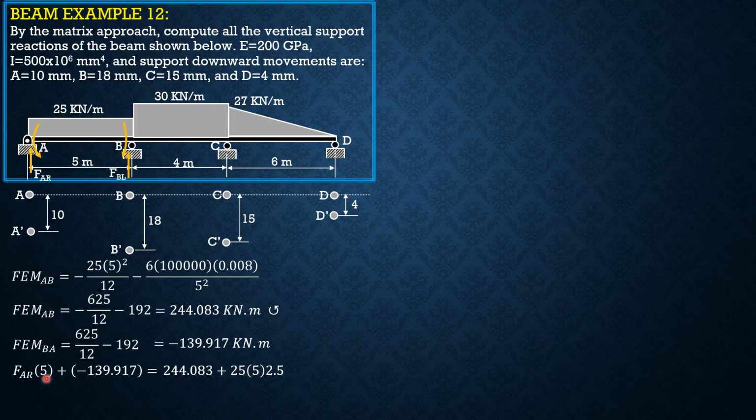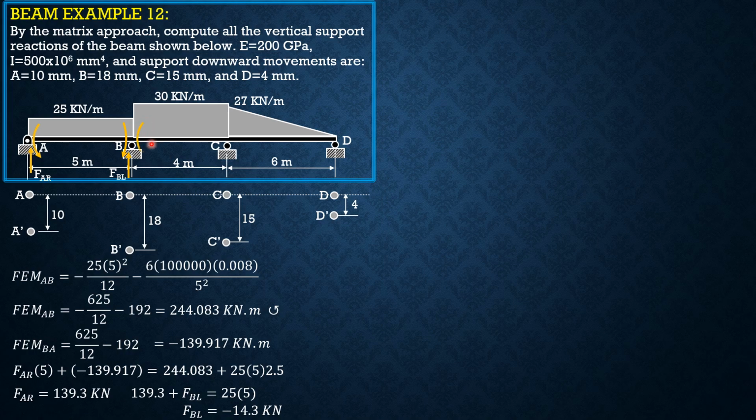So the fixed upward force for AB is 139.3 kilonewtons. Then summation of forces Y: 139.3 plus FB left equals 25 times 5. So solving for FB left is negative 14.3 kilonewtons.